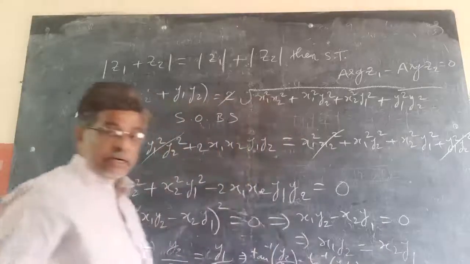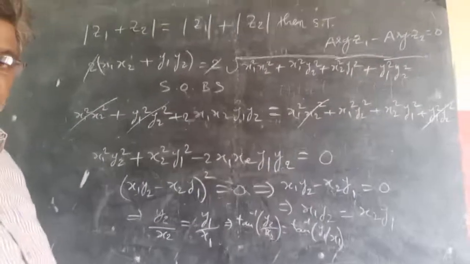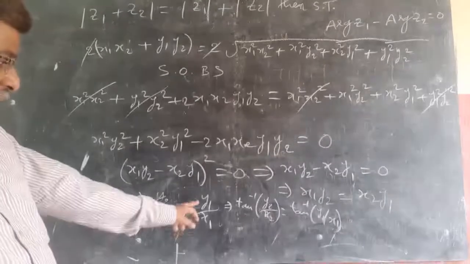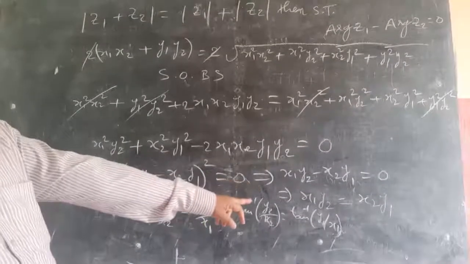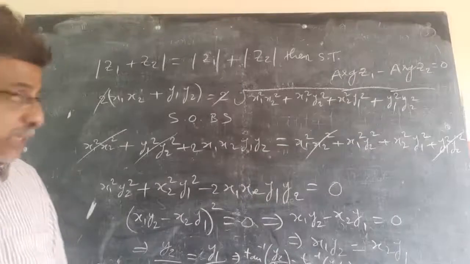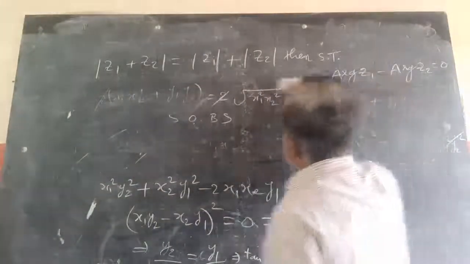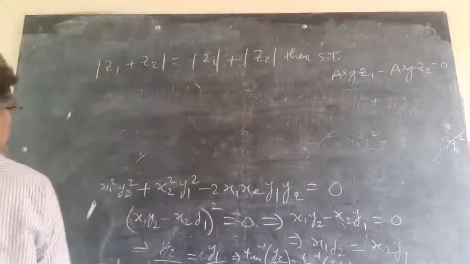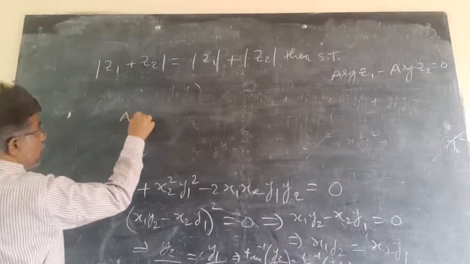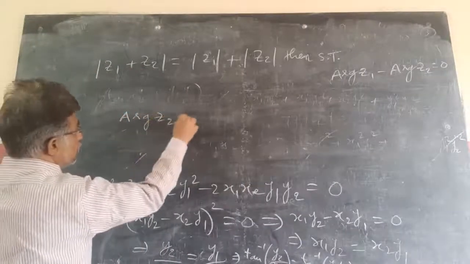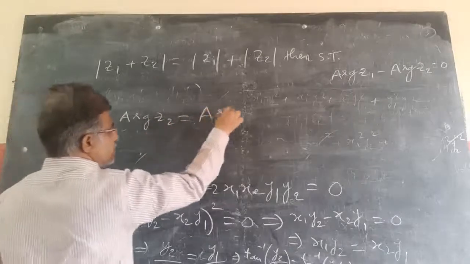What is meant by tan inverse of imaginary part by real part? Arc z2 equal to arc z1. So I got arc z2 equal to arc z1. So my final result is arc z2 equal to arc z1.